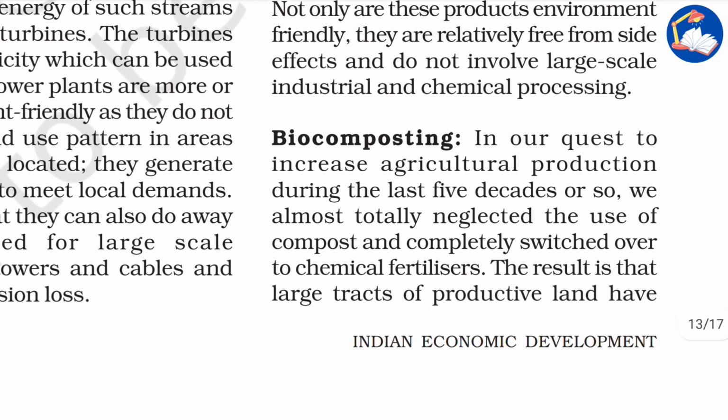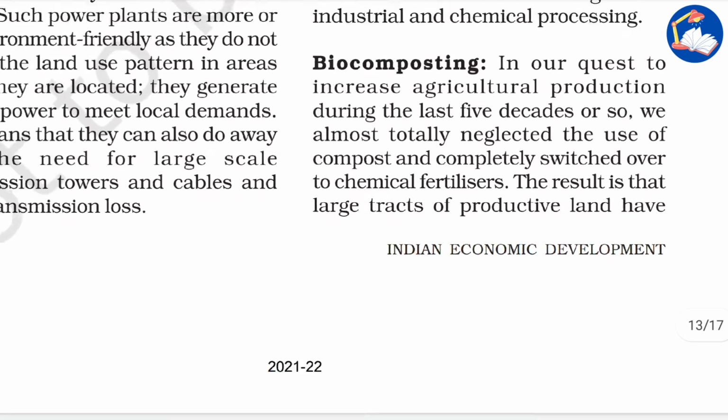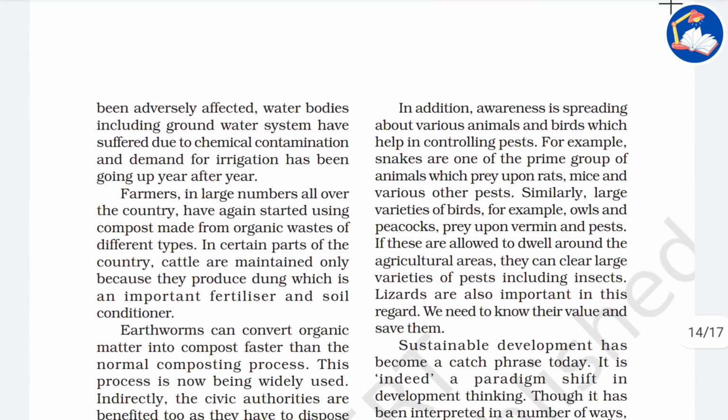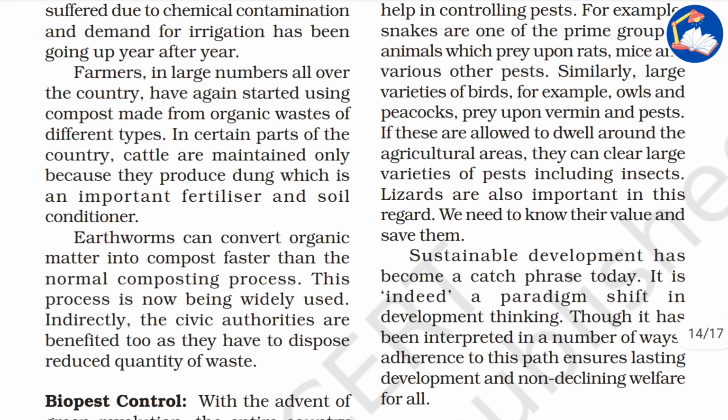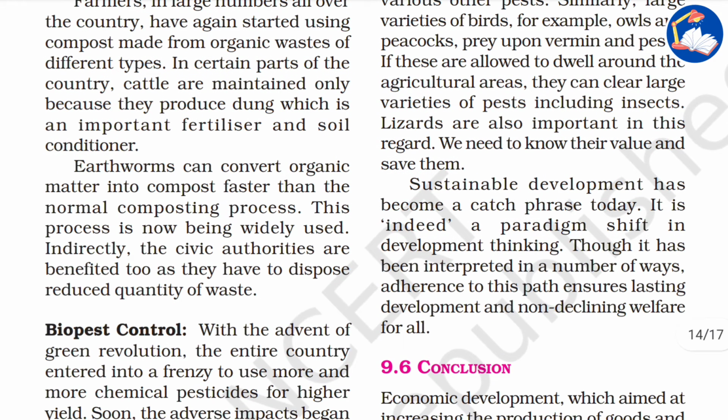Now, biocomposting, in which we collect the waste from our homes and it is mixed with the soil and forms a compost. At times, worms or earthworms are introduced to convert the organic matter into compost faster, and it forms vermicompost. And this compost is used for what? It is used as fertilizer.